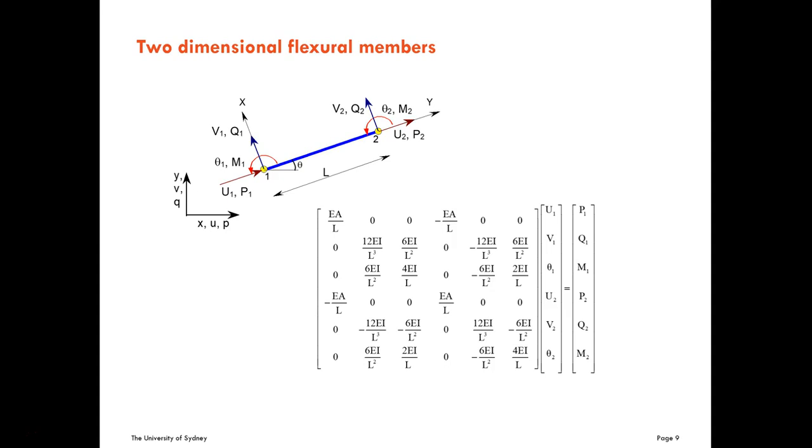In Strand7, you have a formulation for 3 dimensions, and in each node you have 6 degrees of freedom, 3 translations and 3 rotations. The translations account for axial deformations and lateral deflections, and the 3 rotations account for 2 bending rotations and 1 torsional rotation.